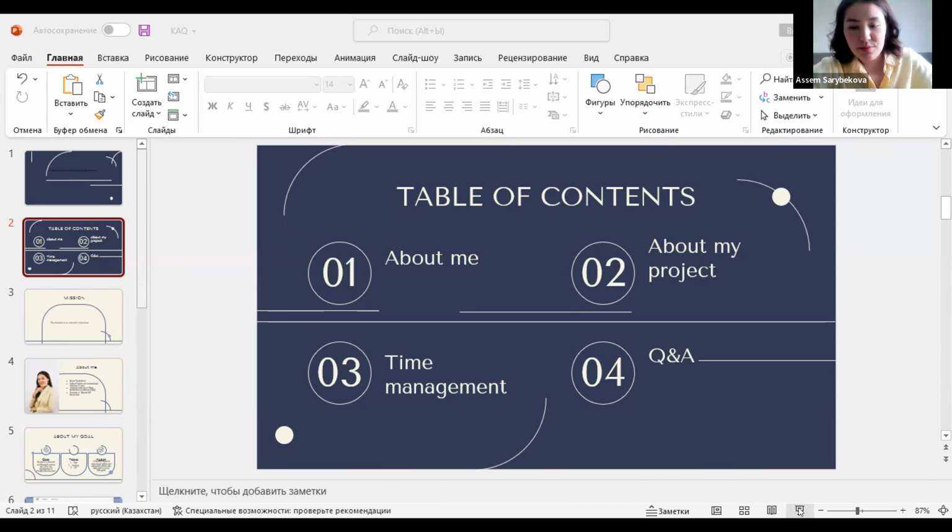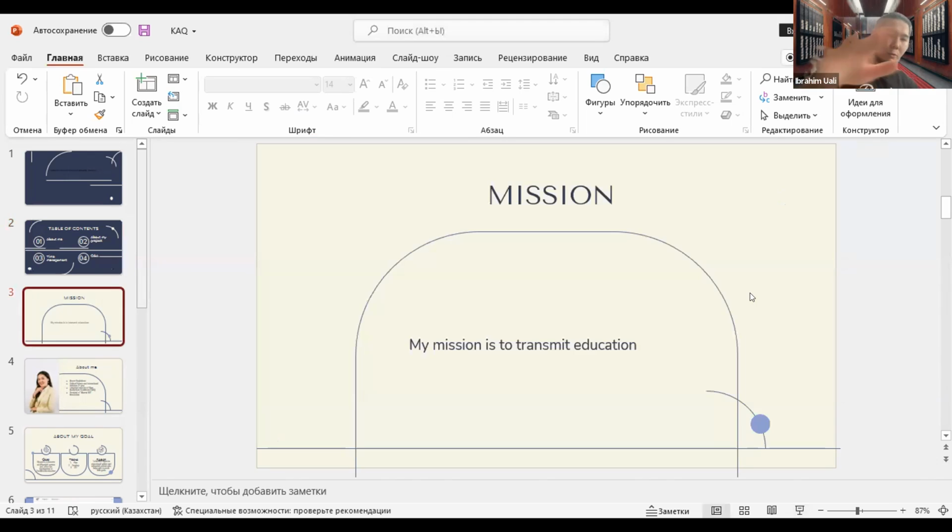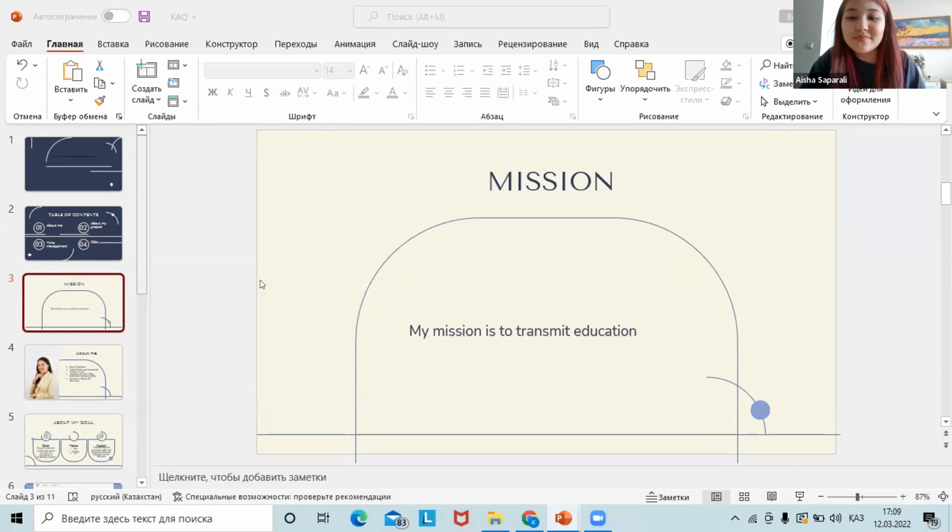Can you see now? Yes. Can you now move to another slide? I'm moving, but you cannot see, right? Yes. I guess the issue is you're sharing only the PowerPoint, and maybe if you share the whole screen, it will be different. Okay. One moment. Okay. Now I've shared the whole screen.